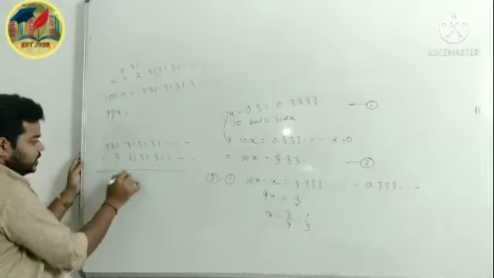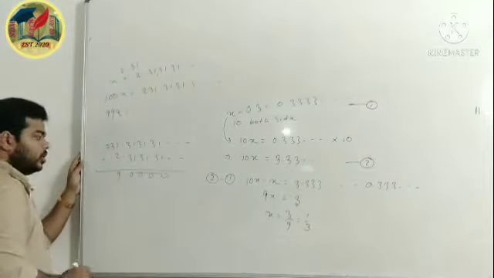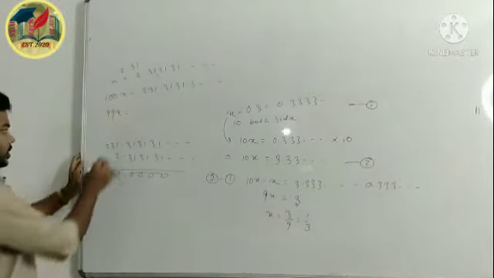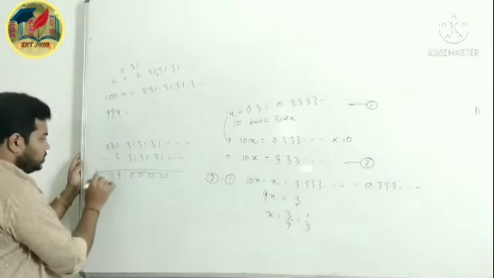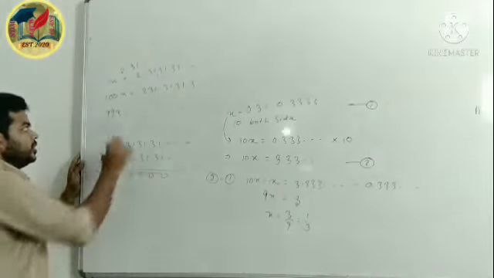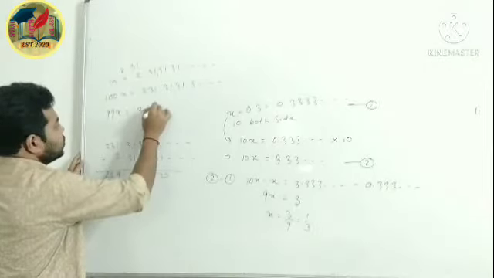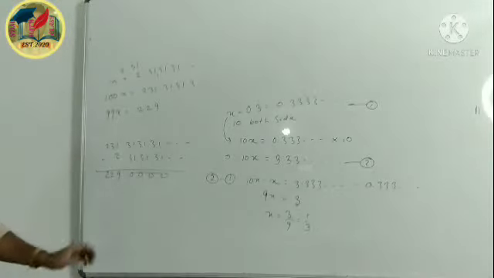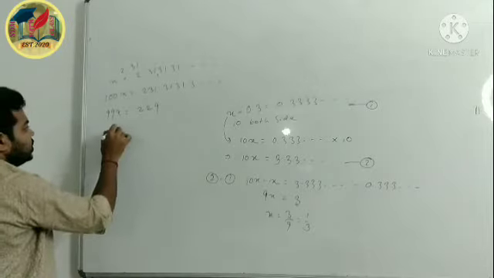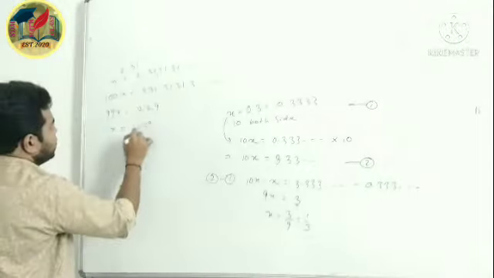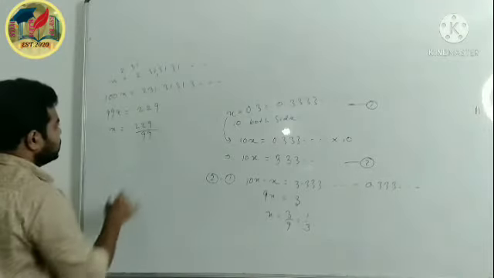If we subtract from this to this, then we get 9. After decimal all numbers are 0 and this is 9, 2 and this is 2, 229. 99x equal to 229. Clear? Now x equal to 229 divided by 99.